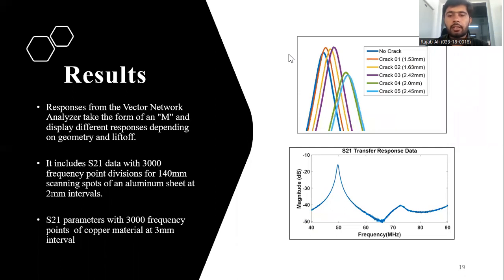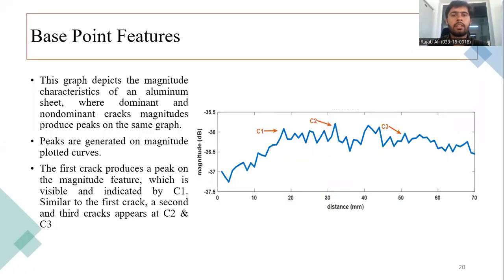This main figure, the M-type shape, shows the output on a VNA machine, but the figures above indicate no crack, crack 1, crack 2, crack 3, and crack 4, which generate different magnitude peaks, and they simply show that our probes scan the sheet and analyze different depths of cracks.